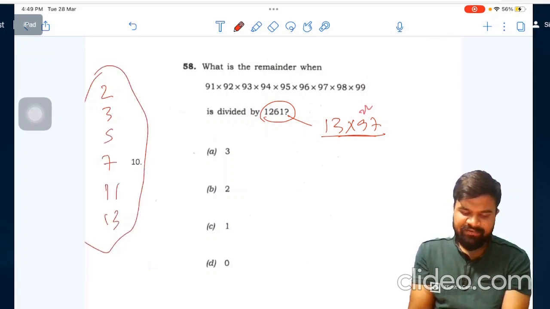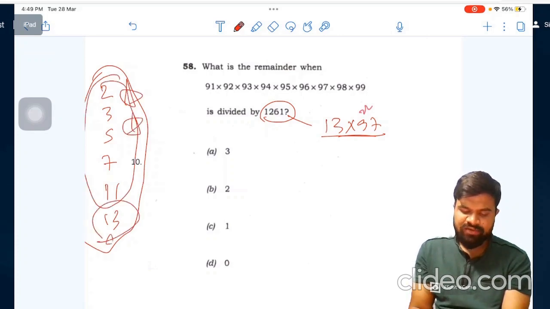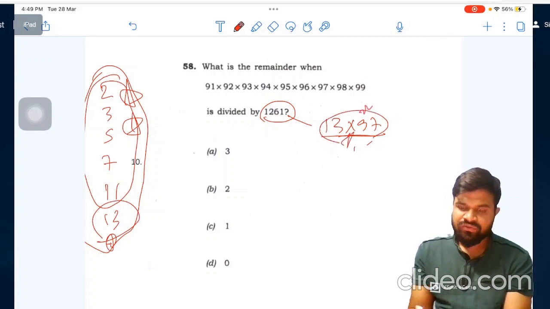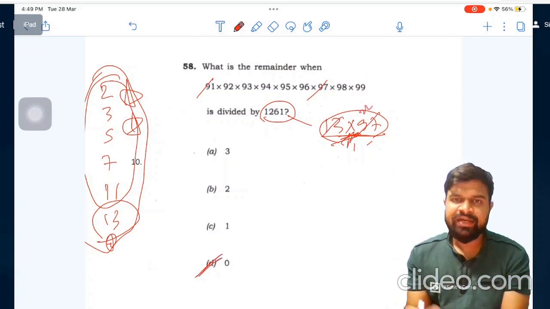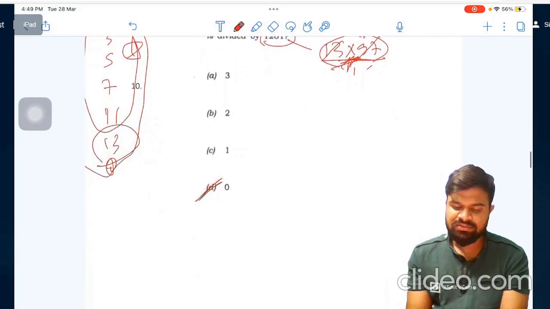Ultimately, when you find it is not divisible by all these numbers, it is only divisible by 13. When you divide by 13, you will find that it is nothing but 13 into 97. So 97 will cancel 97, and 13 will cancel this, and then you will find that the remainder will be 0, because it is completely divisible. There will be no numerator left when you apply this maths.